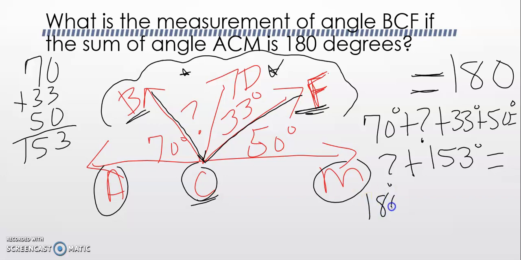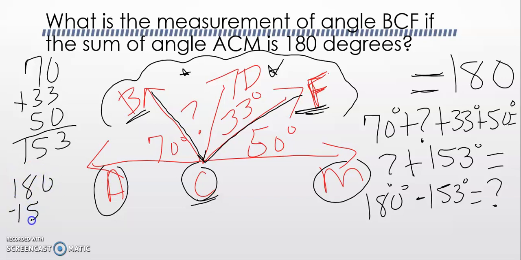So 180 degrees minus 153 degrees equals what I'm missing. So I'm ready to subtract. Remember, your big number goes on top, which is 180. 153. Cannot take 3 from 0, so I need to regroup. This becomes 7.